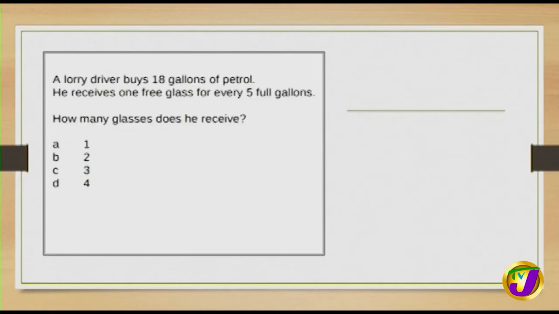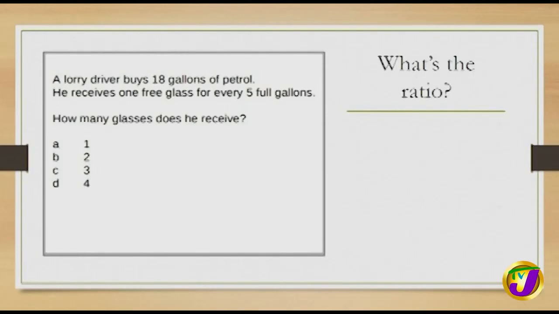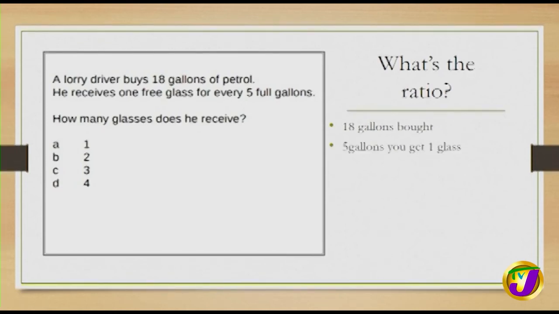A lorry driver buys 18 gallons of petrol. He receives 1 free glass for every 5 full gallons. How many free glasses does he receive? Let's look. Now we're looking at ratios. We have 18 gallons purchased.